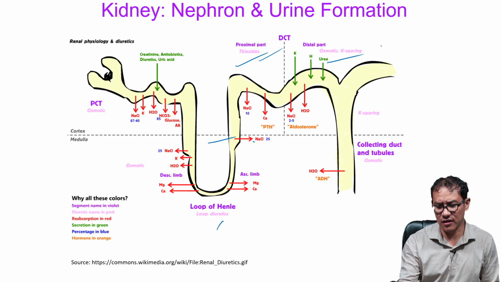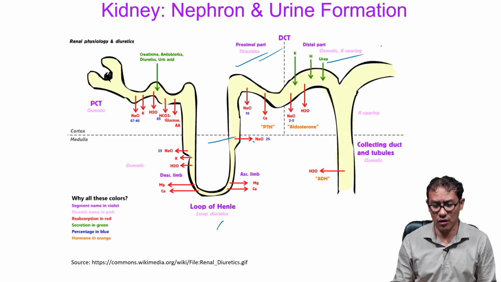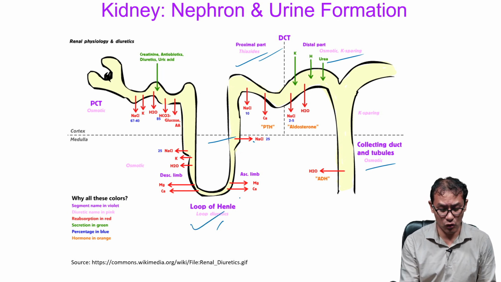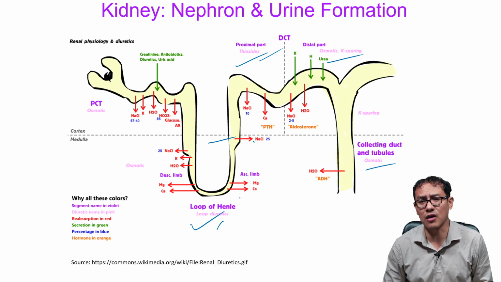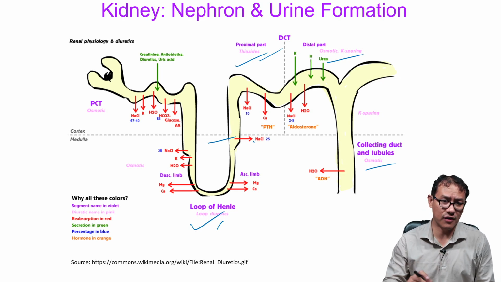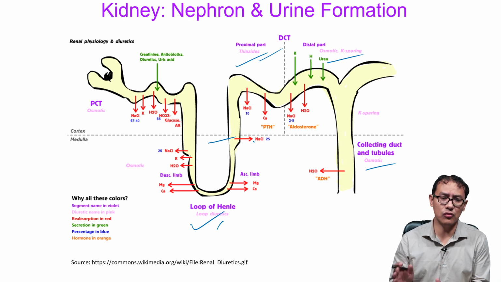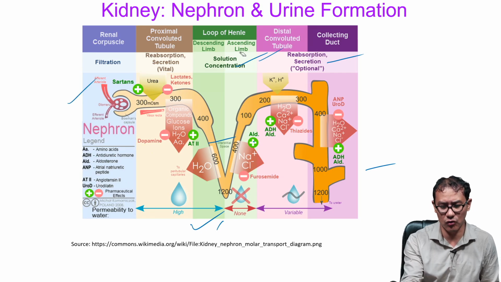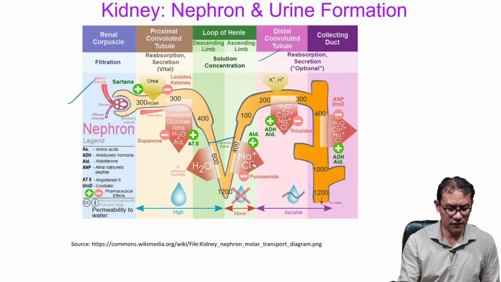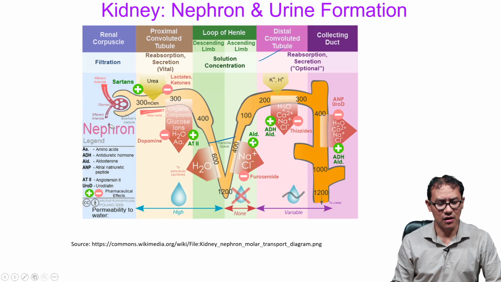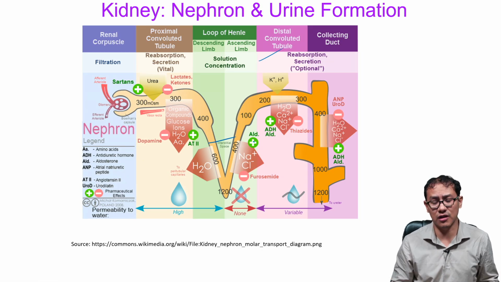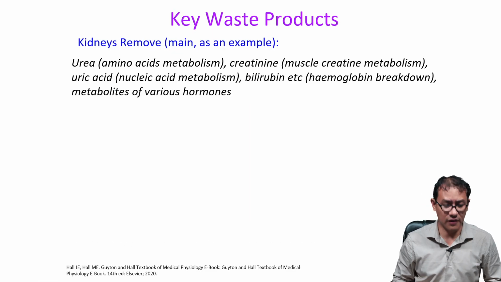Thiazides, potassium-sparing diuretics, osmotic diuretics, loop diuretics: these different drugs act on different parts of the nephron to exert their action. Again, I will not go into the detail. So, these are the different parts of the renal nephron associated with different functions.